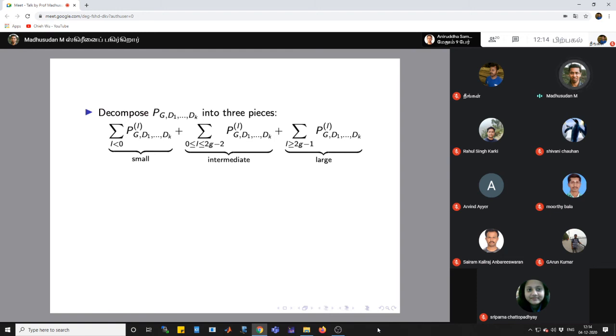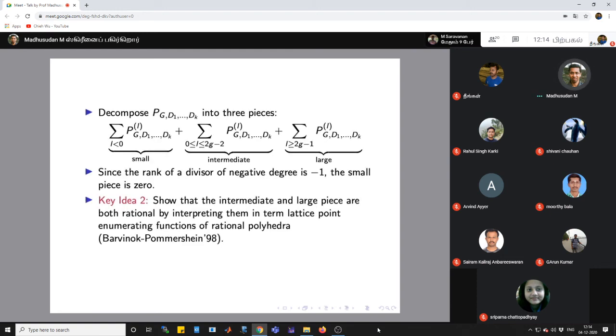Roughly, you can compare the small piece to the degree 0 case we considered. The small one is degree of D less than 0, intermediate is degree equal to 0, and large is degree greater than 0. The methods are a bit more involved, but in spirit they are the same ideas.